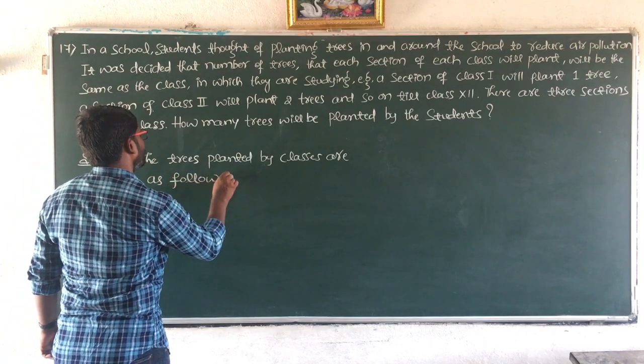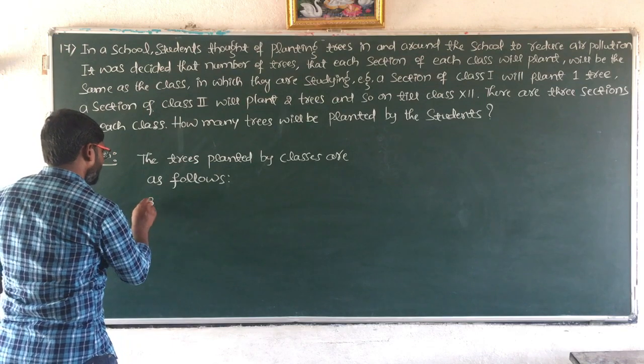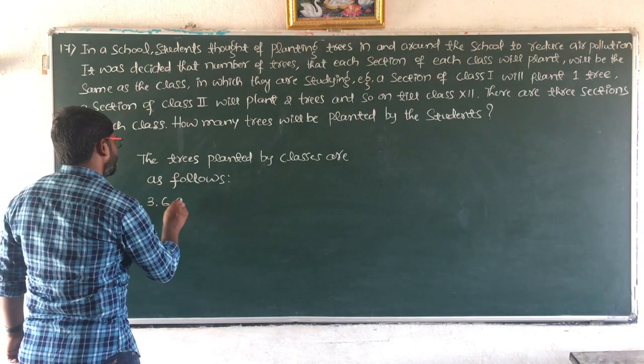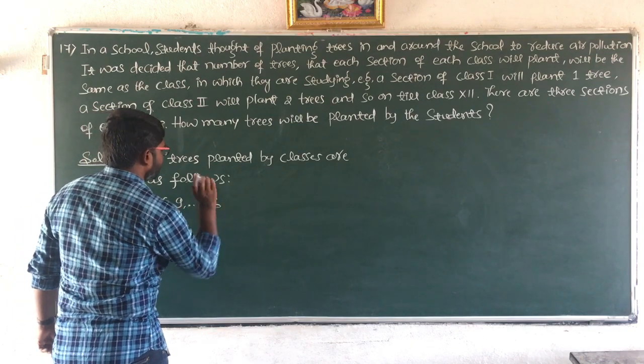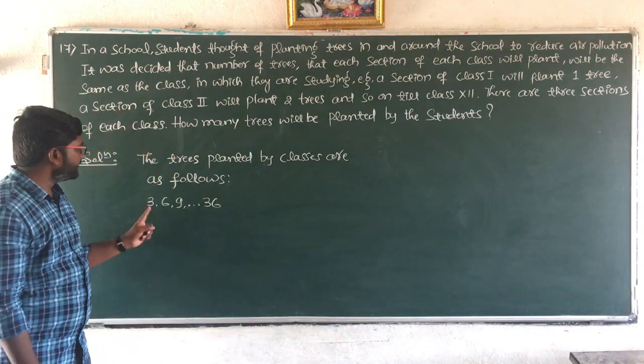See here, 3, 6, 9, so on, 36. So why have we taken 3 here?